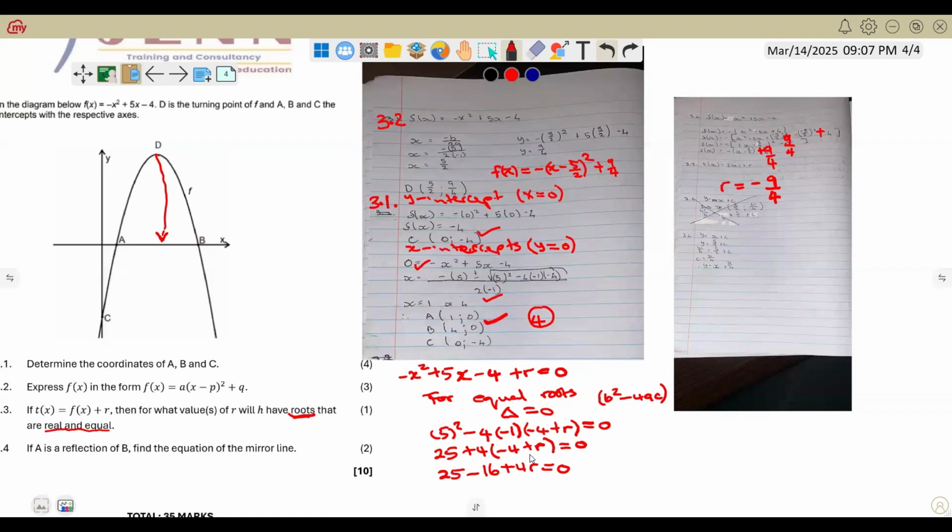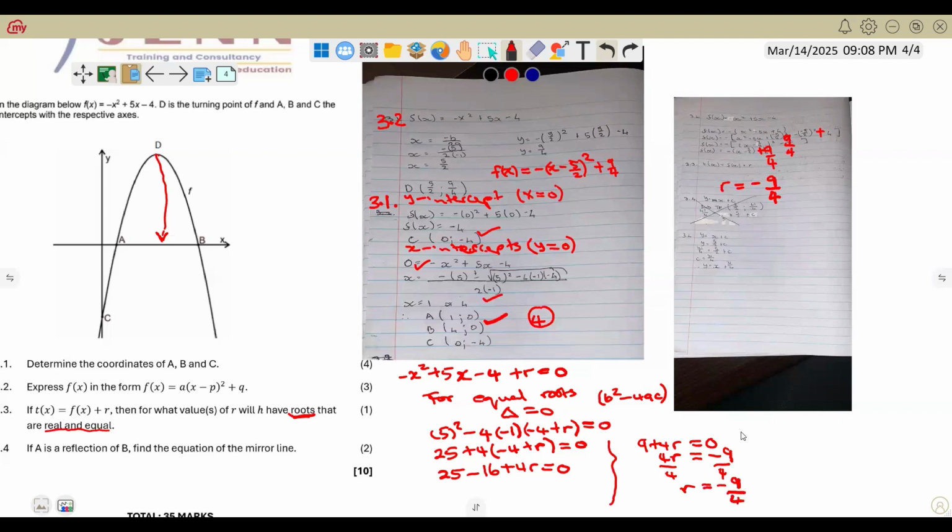Then 4r is equal to negative 9, and r is equal to negative 9 over 4.